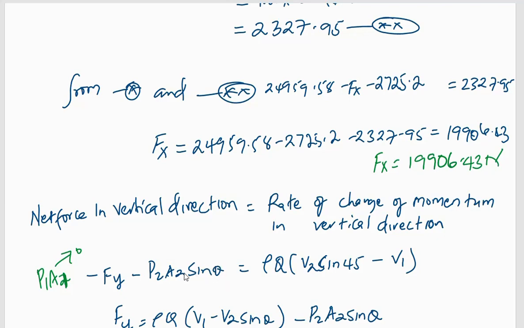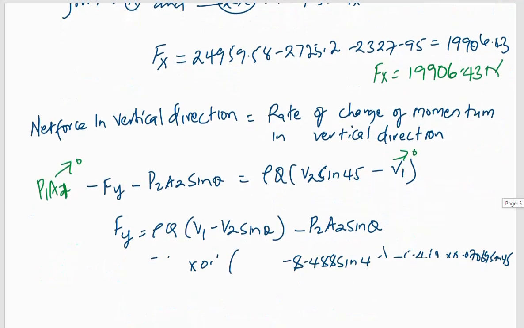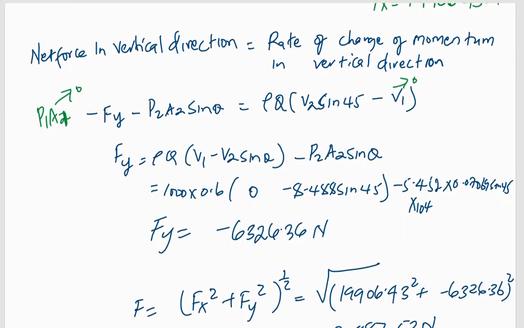Since it is being resolved vertically, then it will take a sine, is equal to rho Q, which is the rate of change of momentum, then into V2 sine 45 minus V1. But remember, since it is also resolved in the vertical direction, since V1 is horizontal, then this will also go to 0. Therefore, we remain with Fy, which is equal to rho Q into V1 minus V2. Remember, this is equal to 0. Then minus P2 A2 sine theta.